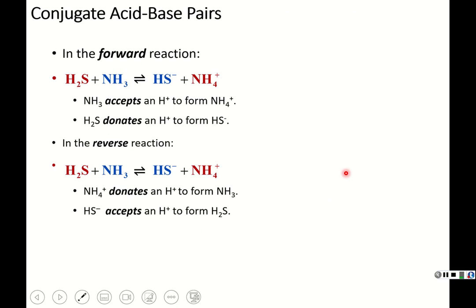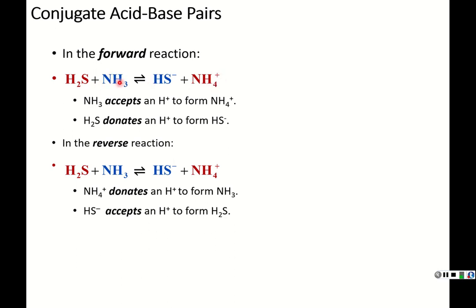Using the Bronsted-Lowry definition, this is where we come up with the terms conjugate acid and base pairing. In the forward reaction, H2S goes to HS minus. So in the reactants, H2S is our acid and NH3 is our base. When H2S donates a proton, it becomes HS minus, and when NH3 accepts a proton, it becomes NH4 plus.